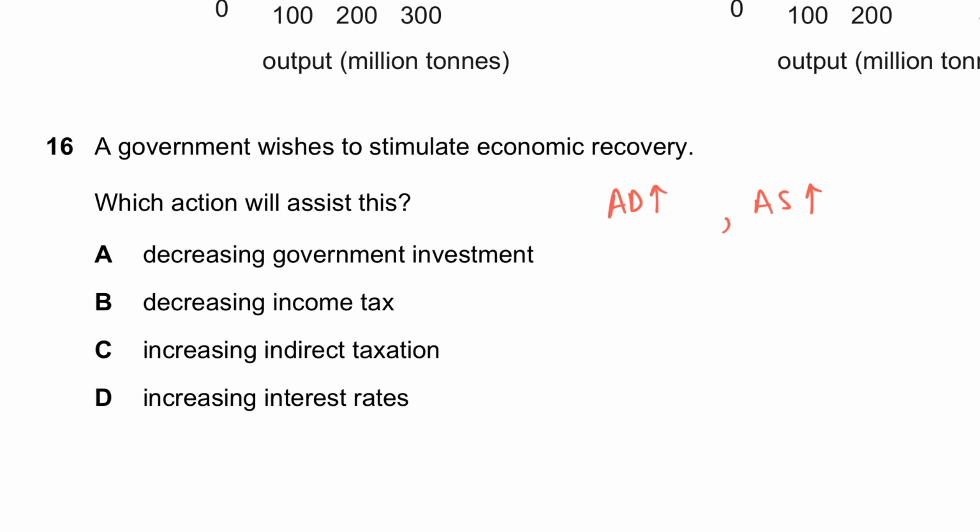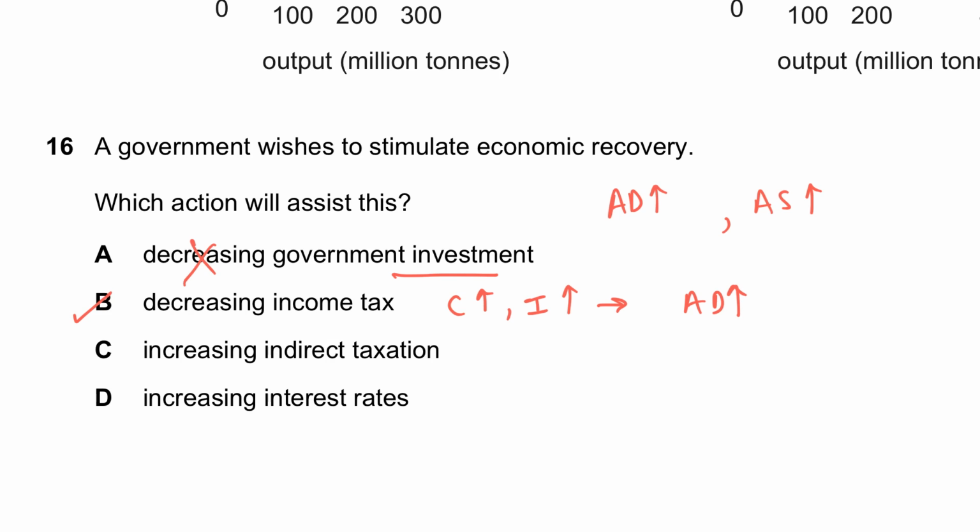In order to make the aggregate demand go up, they may need to spend more on investment, and that's why decreasing government spending would not be the right option. Decreasing income tax would be the right option because if the income tax goes down, then consumers will consume more. Firms may also want to invest more because they are now taxed less, and as a result of that, the AD curve may shift to the right. So B could be the right answer.